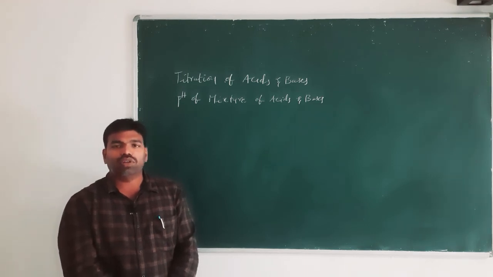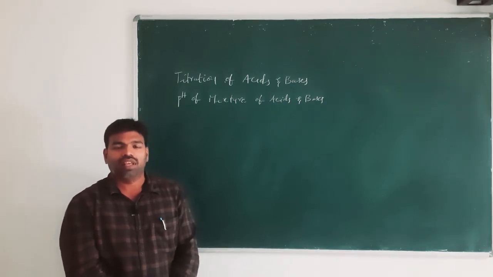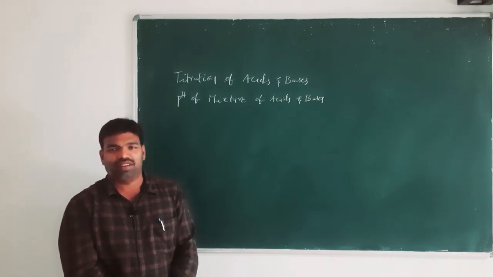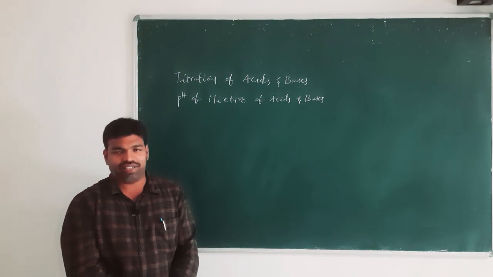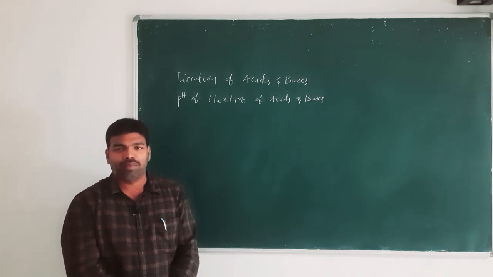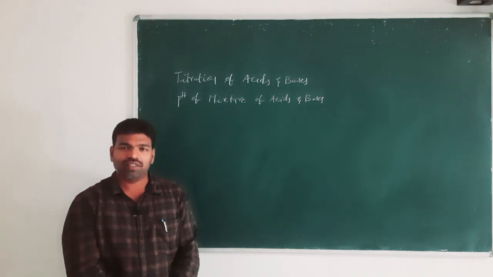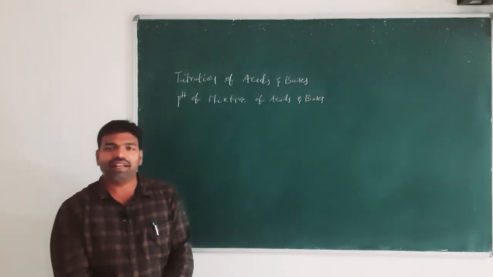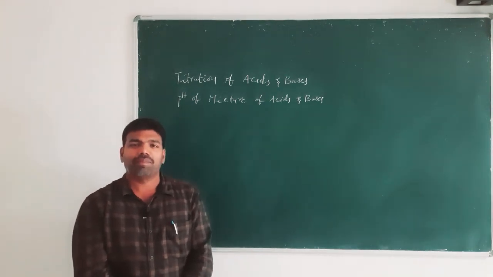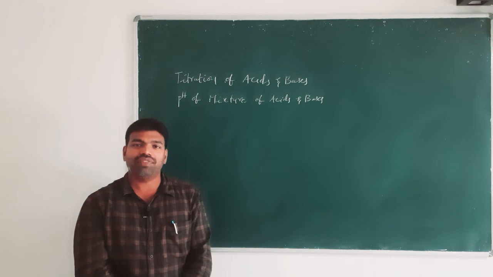Before we go into this concept, at the outset, let us know what is meant by titration. Titration is the volumetric method by which we can estimate the concentration of one if the other is known.